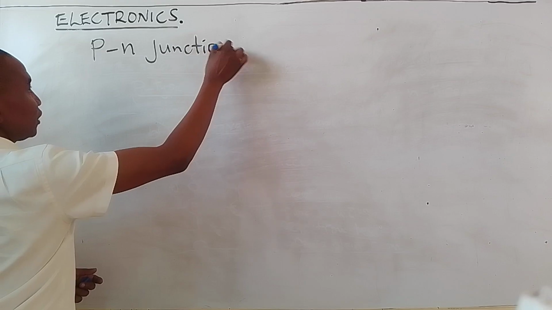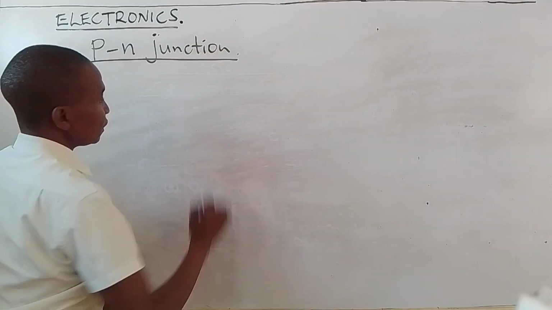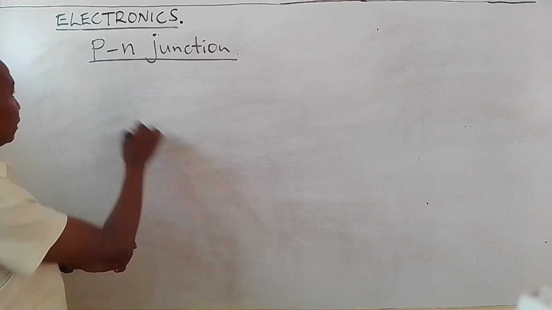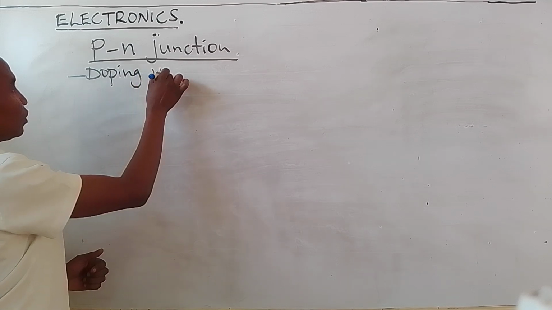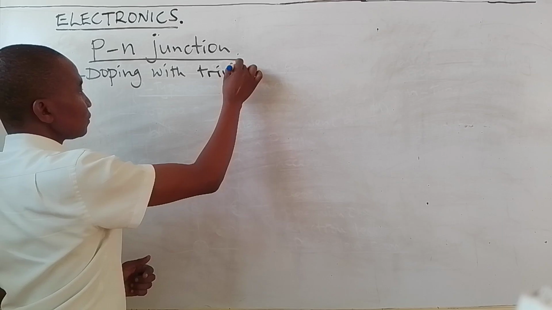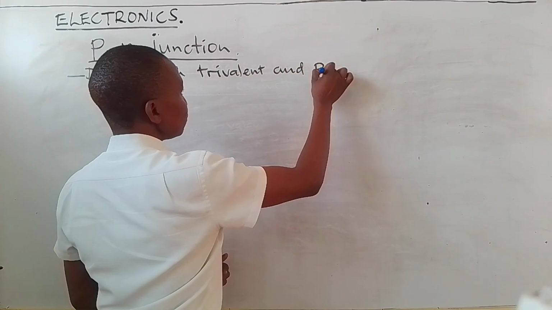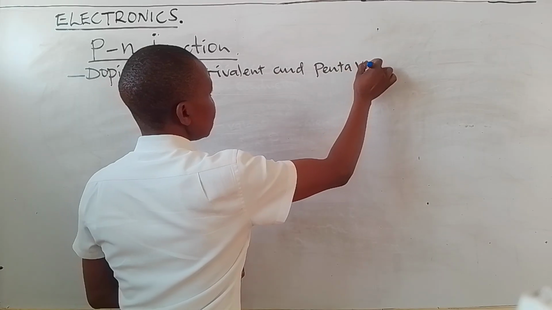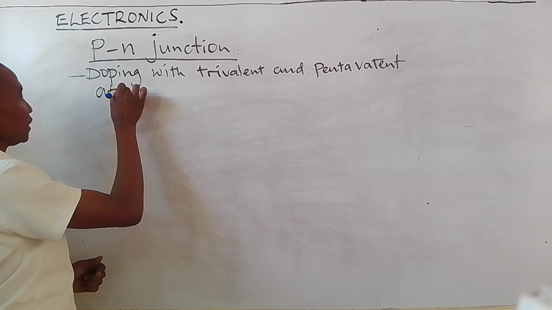A p-n junction is formed by doping with both trivalent and pentavalent atoms simultaneously.